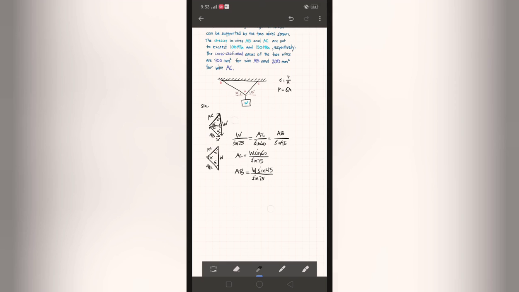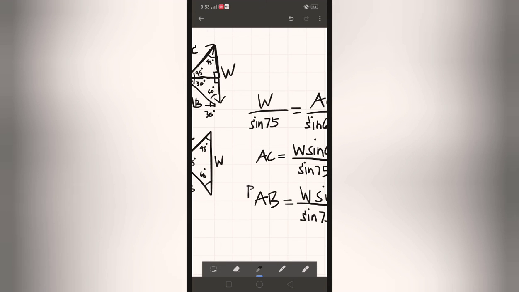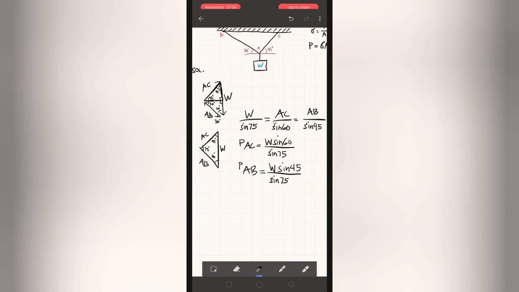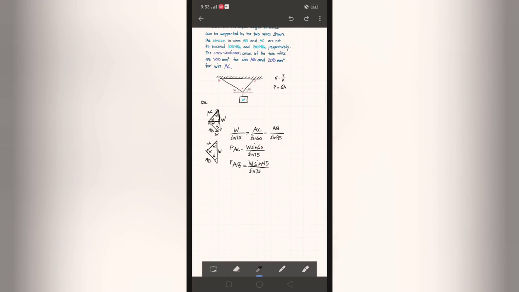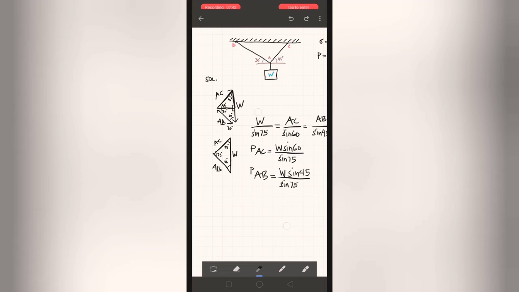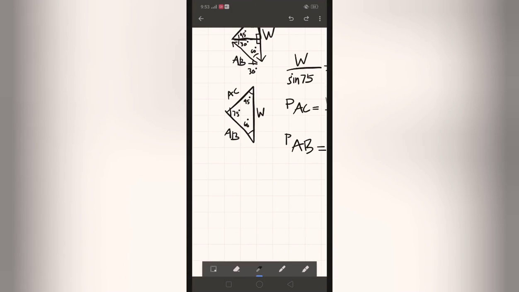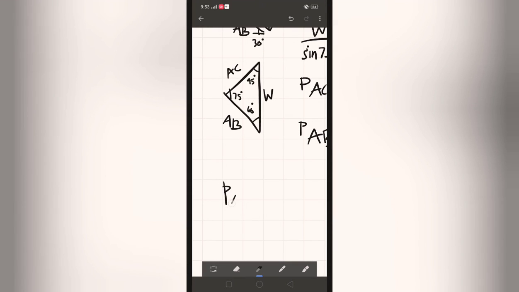Now that we have the force in wires AB and AC in terms of the weight W, which we are looking for, the last step we need to do is just substitute it to the stress formula.